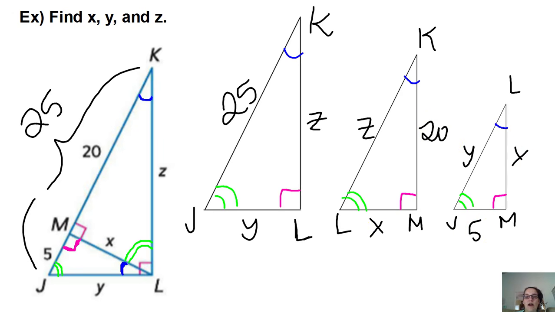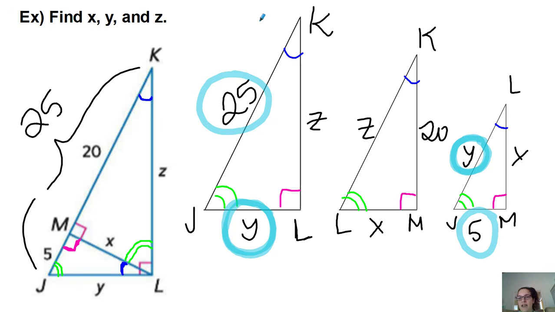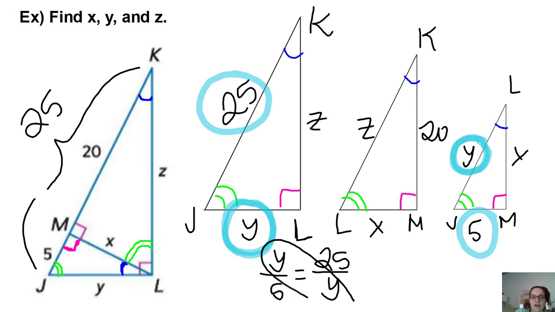Okay, next I want to find y. I'm going to find y in my first triangle and my second triangle. In this big triangle, JL corresponds with JM, and then the hypotenuses correspond. So I'm going to set up a similar proportion. Left over right equals left over right. So y over 5 equals 25 over y. Same process.